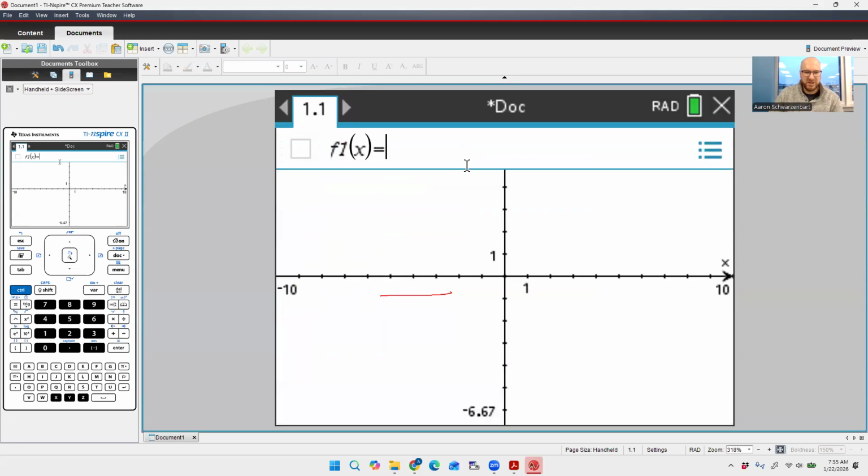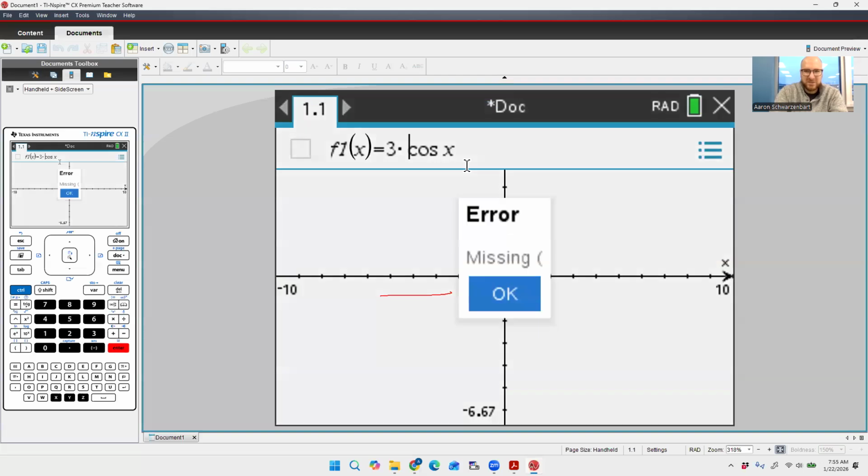So we're going to go grab a graph. We'll type in 3. You can type it or you can use the cosine button, but since I have a normal full keyboard, I just decided to type. Oh, when you type, you must have parentheses.